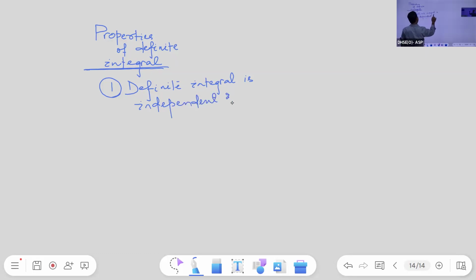Property 1: definite integral is independent of the variable. Definite integral is independent of the variable.